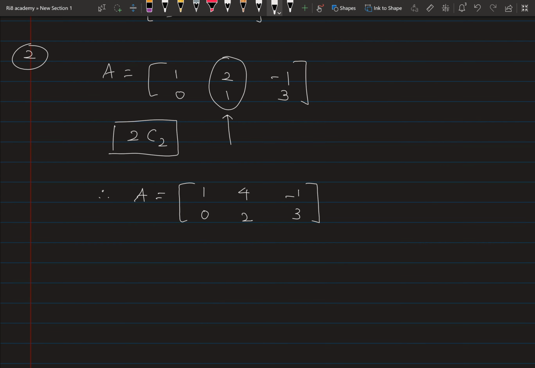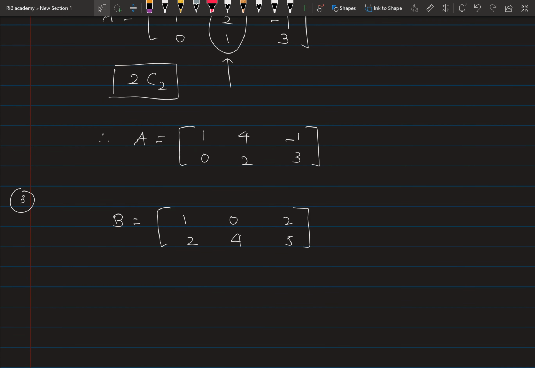We'll go for one more example. Suppose I have a matrix B. We can give any name; there is no restriction on giving names. I have this matrix, and I want to go for the operation of minus 3R1. Now how do we go for this one? The operation is for R1.